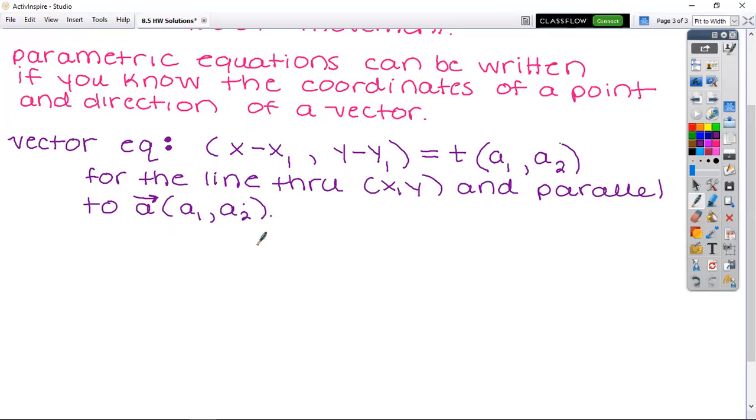And then t, as I just said, is your independent variable or your parameter, however you want to word that.